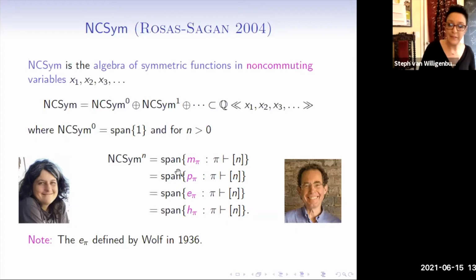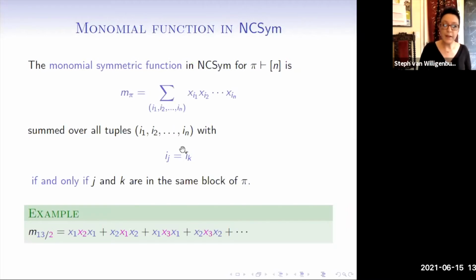So let's have a look at the bases of Rosas and Sagan. The first one is the monomial symmetric function in NC-Sym. This is a sum of monomials x_i1, x_i2, and so on, such that the variable in the jth position is equal to the variable in the kth position if and only if j and k are in the same block of pi.